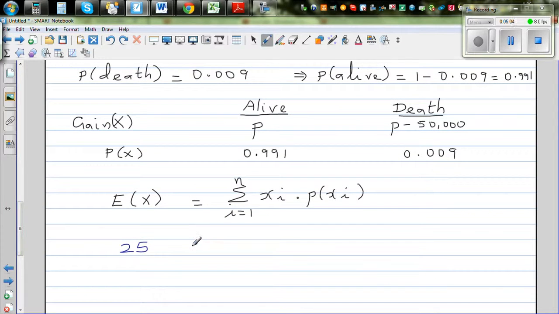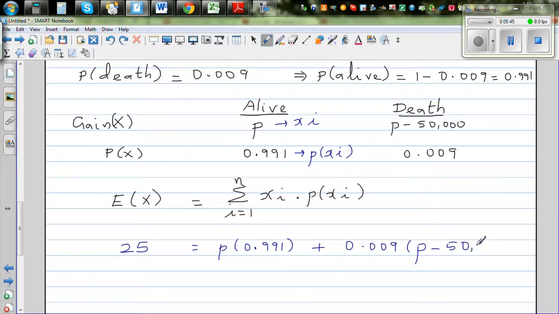So 25 is equal to P times 0.991, where P is your xi, the random variable, and 0.991 is the probability of that random variable. Plus 0.009 times the respective random variable, minus 50,000.